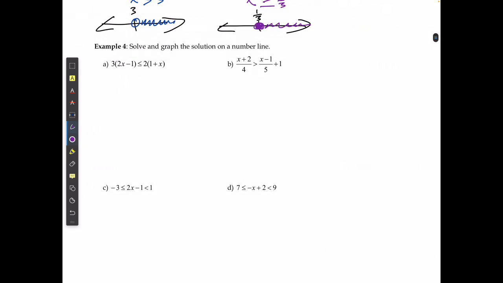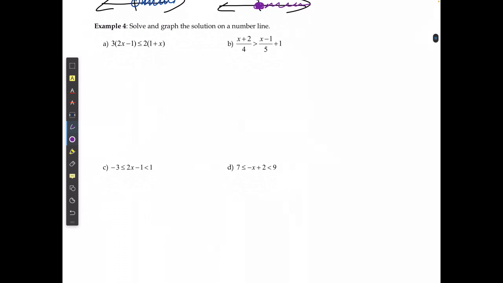When I'm solving example 4, I'm basically doing the same process. I just need to be careful about the steps that I'm taking in order to solve it. So for the first one, I'm going to expand these out. I'm going to say this is going to be 6x minus 3 is less than or equal to 2 plus 2x. I'm going to move the x's to the left, so I'm going to subtract 2x from both sides and get 4x.